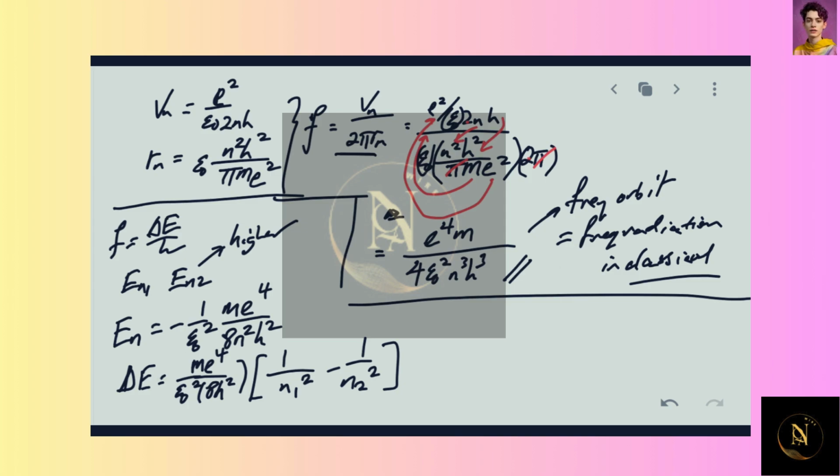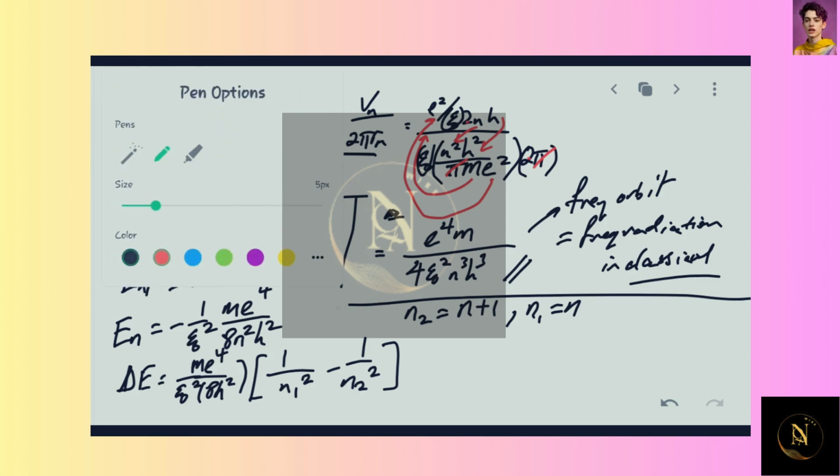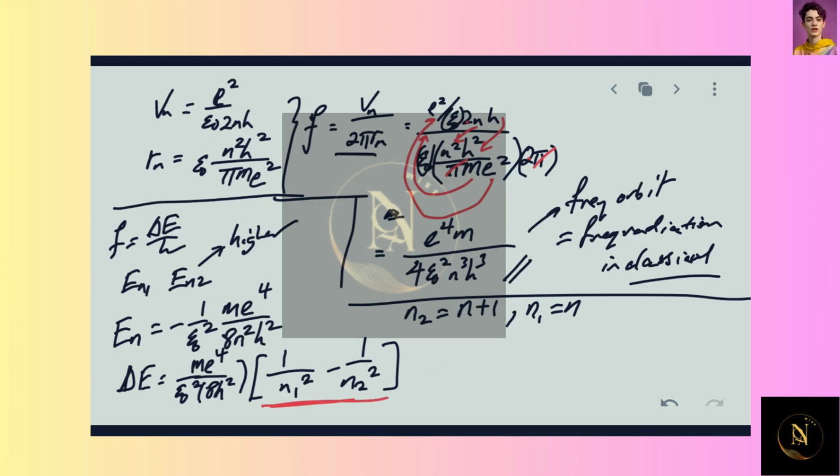So this will be En2 minus En1. Now we will simplify this picture a bit by assuming n2 is equal to n plus 1 and n1 is just equal to n. By simplifying this, we can evaluate this fraction over here. So it'll be 1 over n square minus 1 over n plus 1 square.